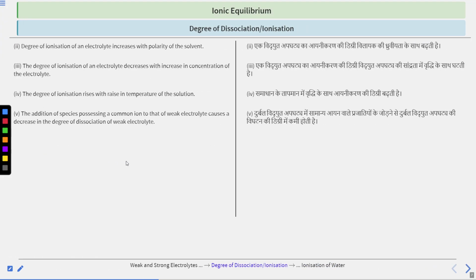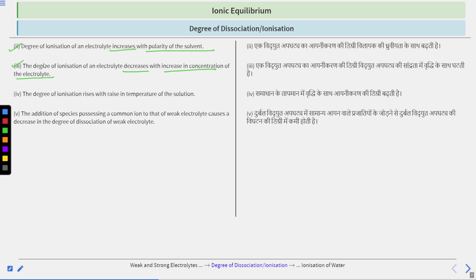Now, the second factor: the degree of ionization of an electrolyte increases with the polarity of the solvent. As the polarity of the solvent increases, the degree of ionization of the electrolyte also increases. Third factor: the degree of ionization decreases with an increase in the concentration of the electrolyte.